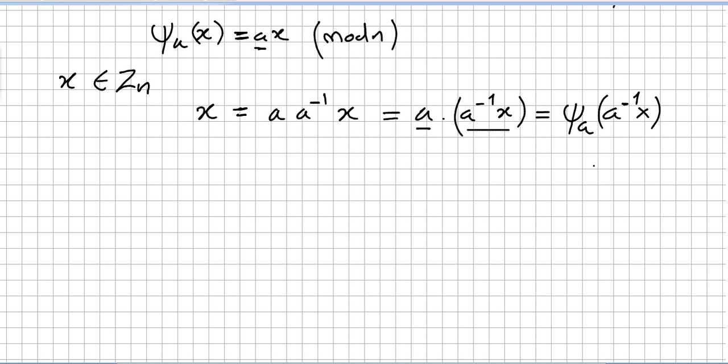So I just proved that it is surjective, because for every x I pick, I will have a psi a. So it is proved that it is surjective.